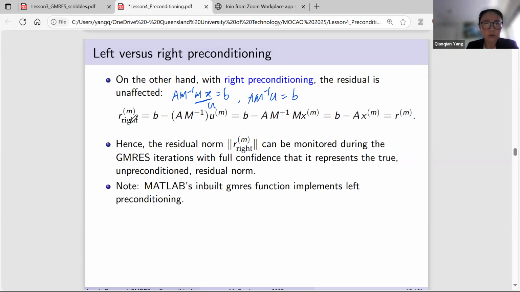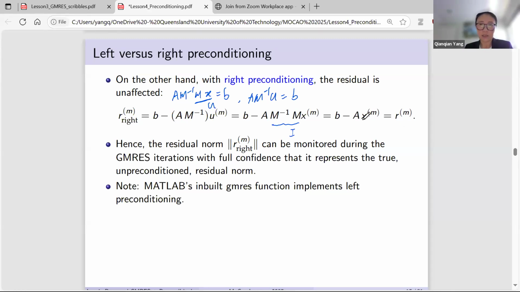So the right preconditioned residual is the right-hand side vector B minus A M inverse times UM. And UM is M times XM, and this M inverse M is just the identity matrix. So you end up with B minus A XM, which is the real residual of the system.